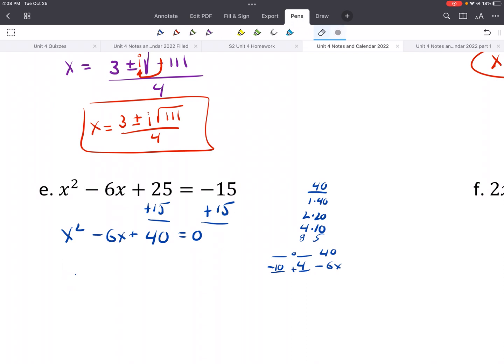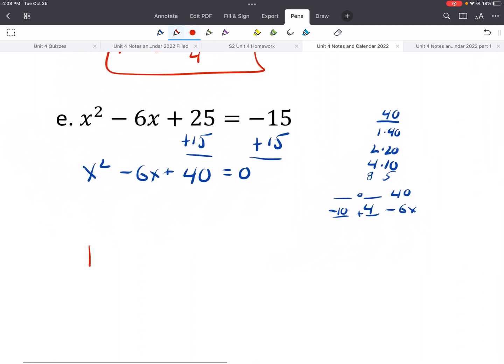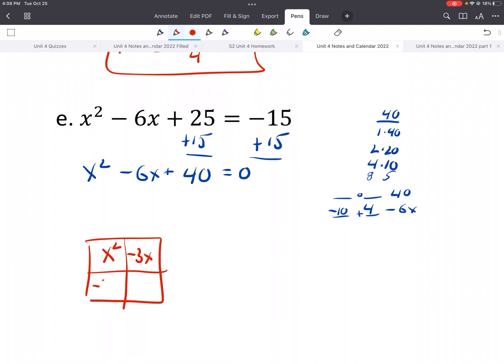Okay, but it is a candidate for completing the square. Oops, I probably should erase that because we still need that. Alright, so complete the square. We've got x squared and negative 3x.